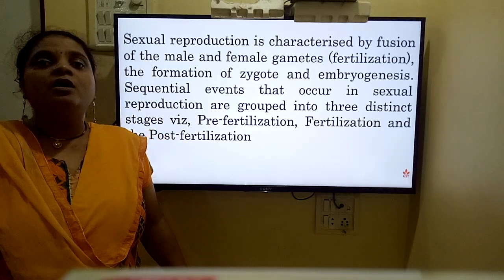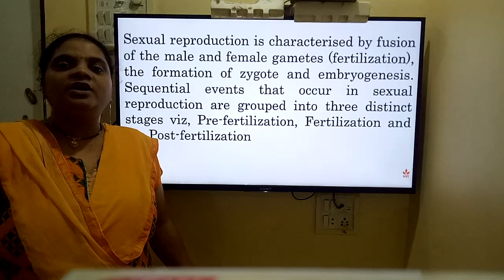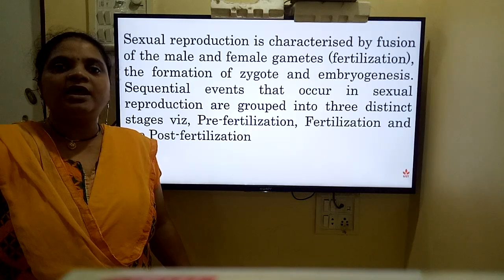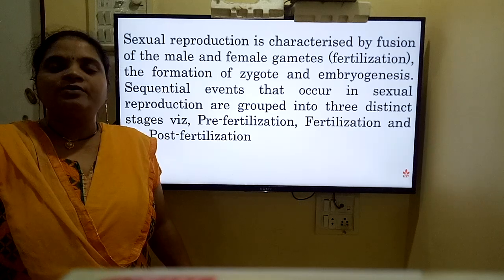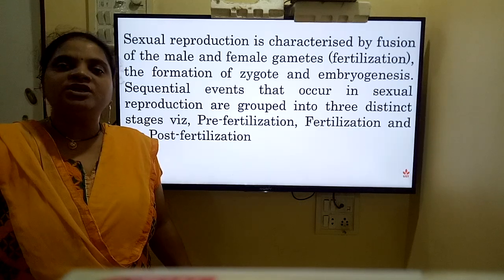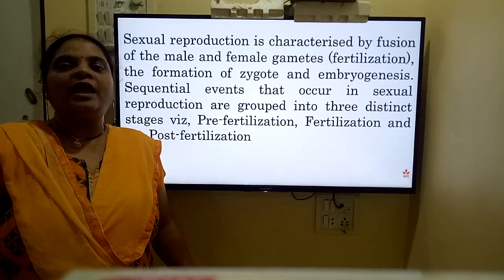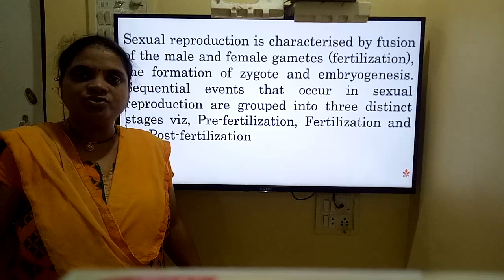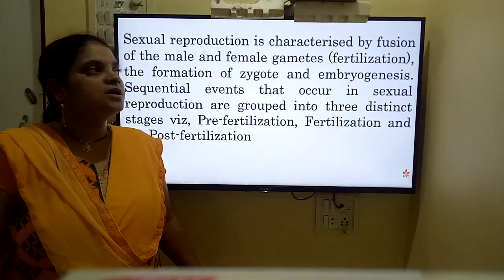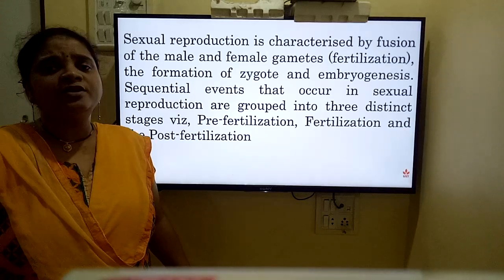There is a fusion of gametes, then fertilization takes place, which produces the diploid zygote, and then embryogenesis. Embryogenesis produces the embryo and the seed. So the seed is the ultimate product of sexual reproduction. These are the important events we observe during sexual reproduction.